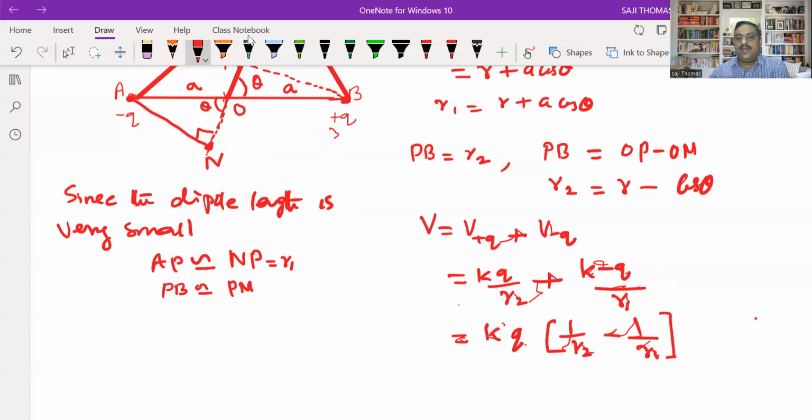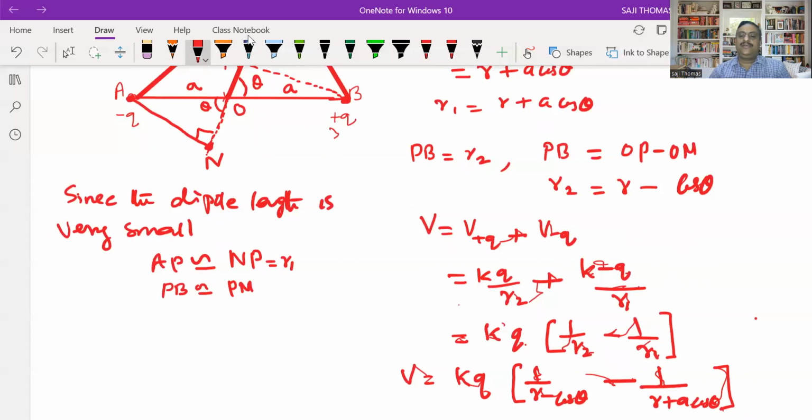Clear? Now V is equal to K into Q into bracket, what is 1 by R2? R2 we obtained as R minus A cos theta, so 1 by R minus A cos theta. Minus, what is 1 by R1? 1 by R plus A cos theta. Okay. Now we have to simplify. We take the LCM.